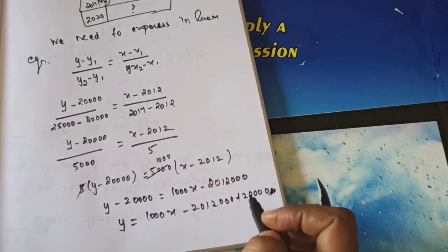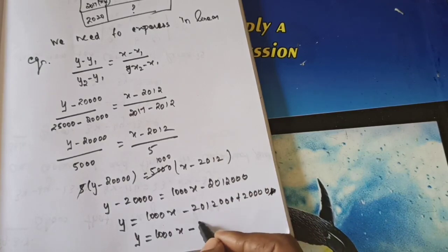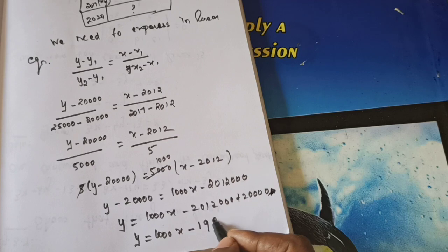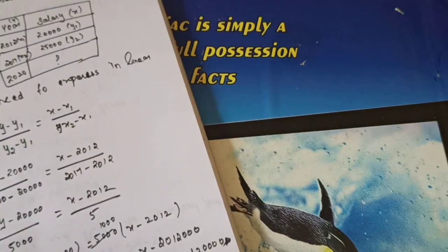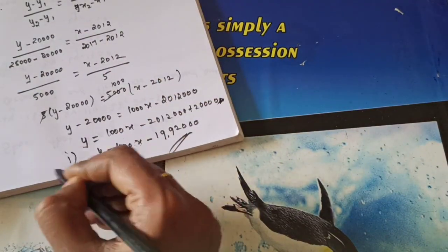Now y is equal to 1,000 x minus 1,992,000. Subtract it. So now this is the linear equation. Have you got the linear equation? This is the answer for the first problem.